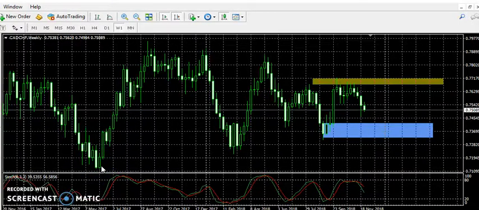So we can draw a trend line. That's our trend.